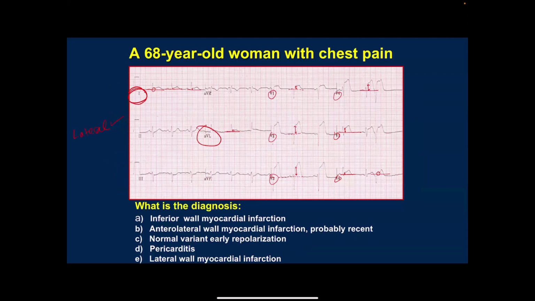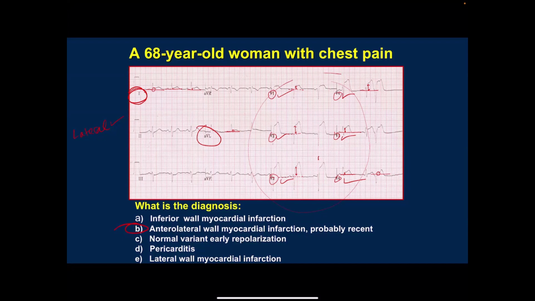Okay. Now we also see a STEMI in the septal and the anterior. In my opinion, it's extensive anterior, because all the leads have a STEMI in them, but this one also works. It's the closest. The anterior leads have a STEMI and the lateral leads have a STEMI.